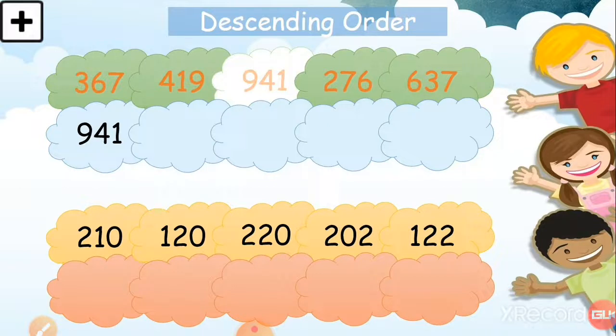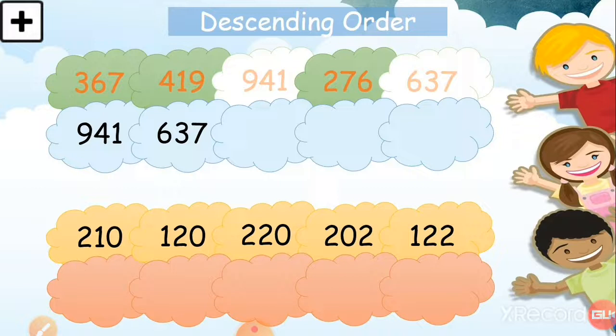Yes, your answer is right. Just imagine which number will come in the second cloud. Yes, your answer is right, this number will come on the second cloud. Very good, this is the right answer. Now there are 3 numbers remaining.